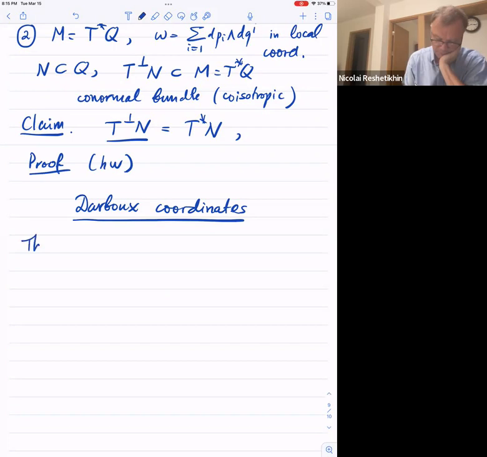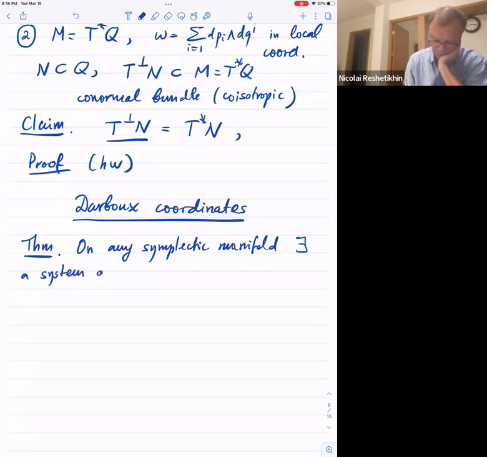It's the following theorem, that on any symplectic manifold there exists a system of local coordinates such that, well, okay, I'll be a little bit more detailed.